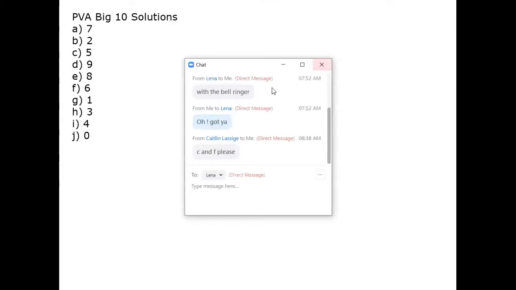Okay, so C and F. So for letter C and letter F, we have the following.